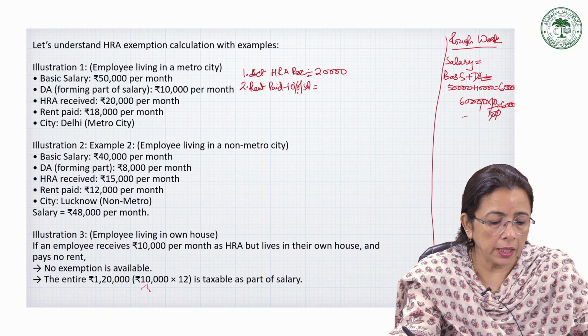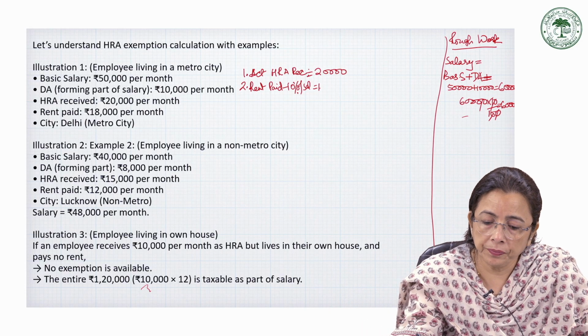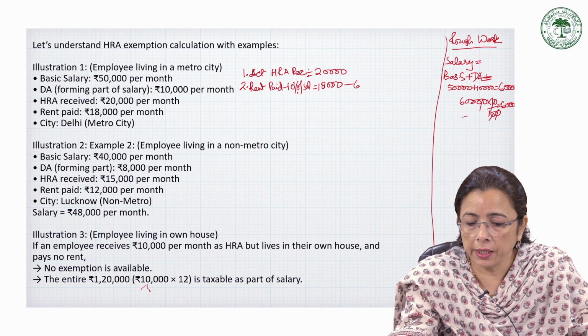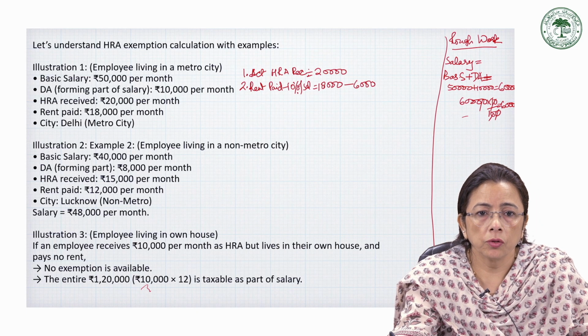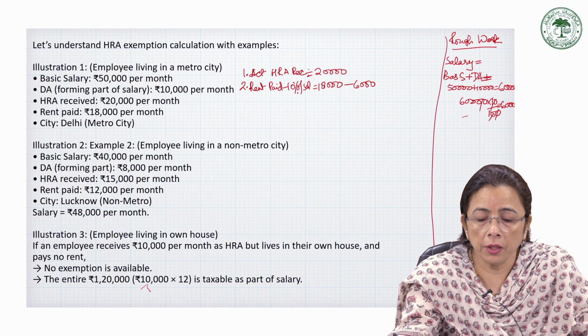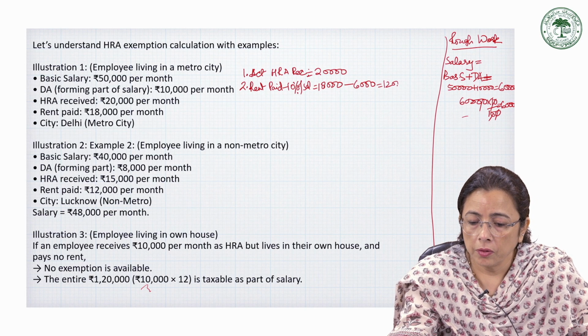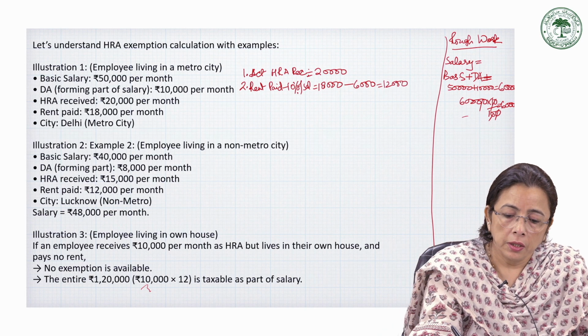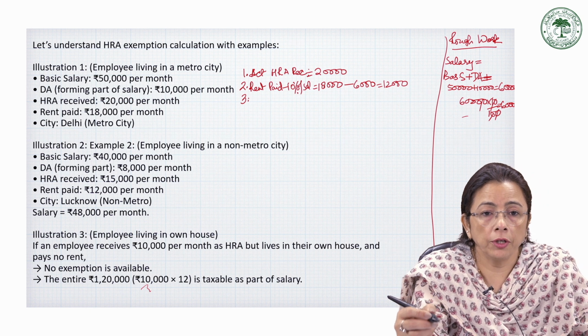So rent paid is 18,000 minus 10% of salary, 6,000, which comes out to be 12,000.